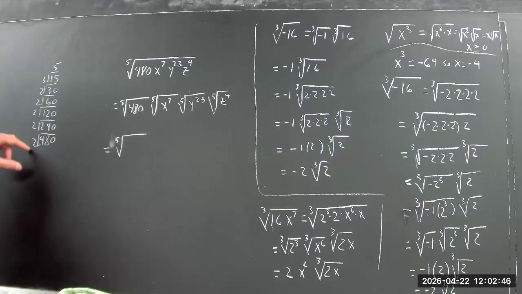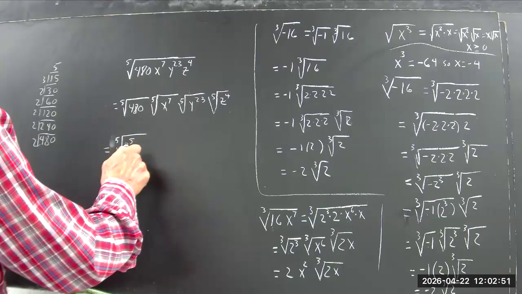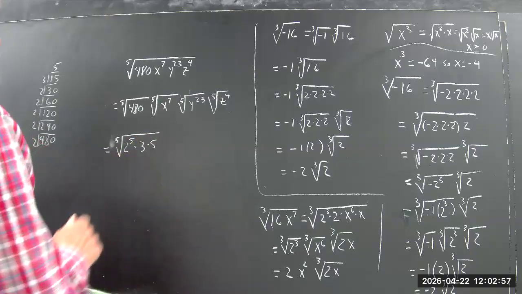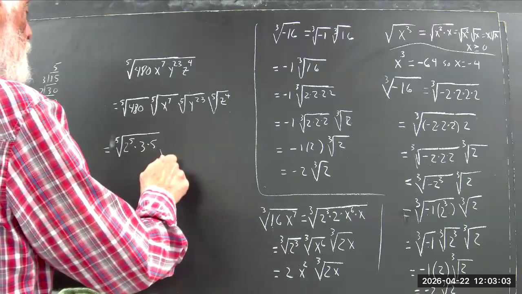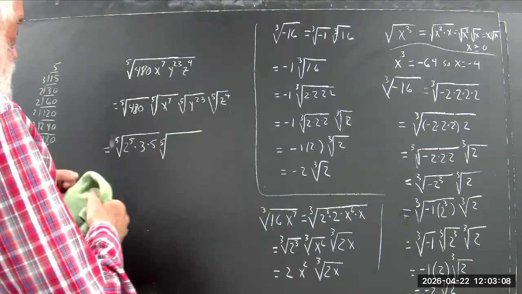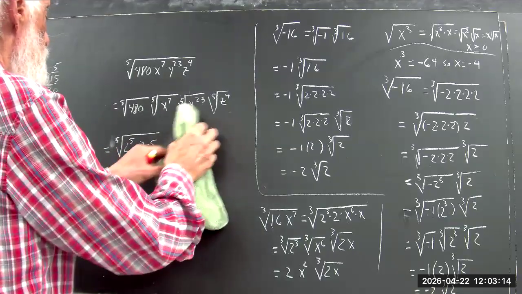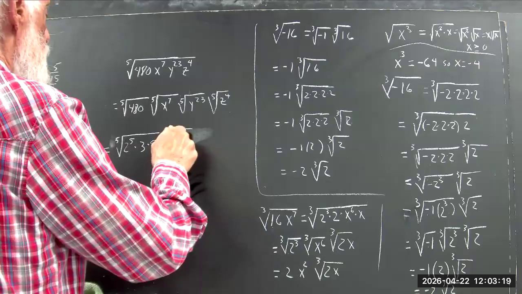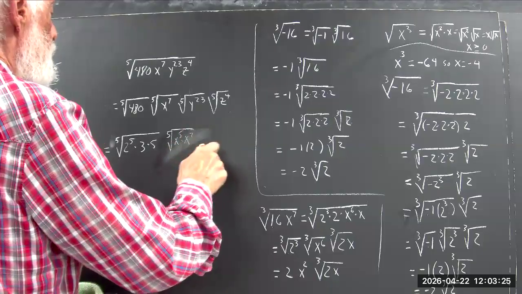So this is the 5th root of 2 to the 5th (1, 2, 3, 4, 5) times 3 times 5. Now, the 5th root of x to the 7th can be written as the 5th root of x to the 5th times x squared.